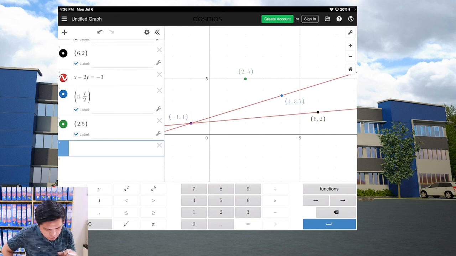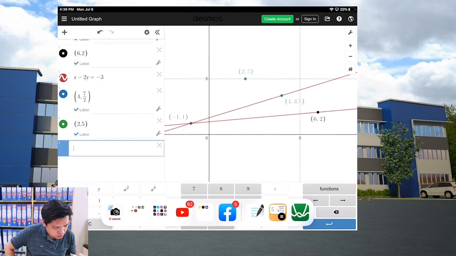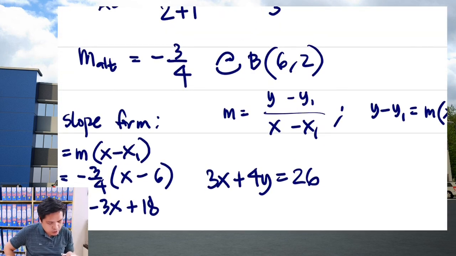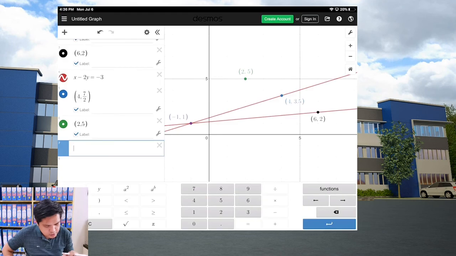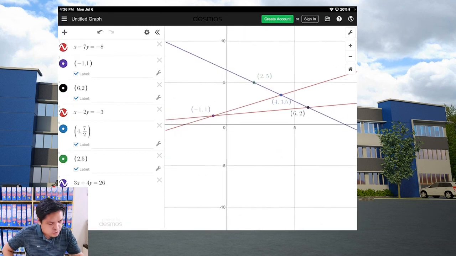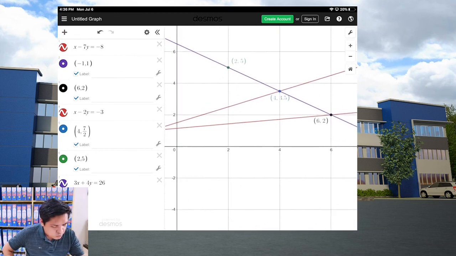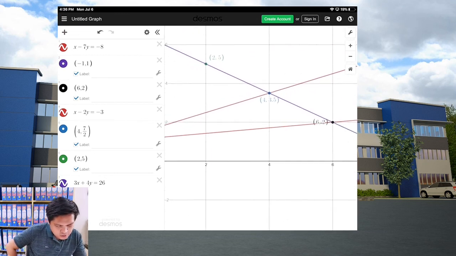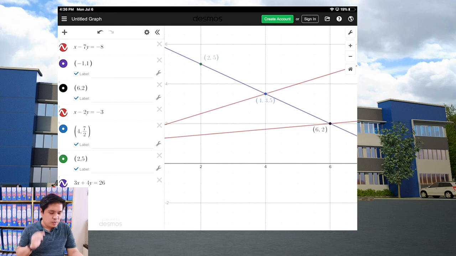And the equation of the altitude is 3x plus 4y equals 26. So there it is. If you notice, it passes through the vertices, meaning it really is at 90 degrees.